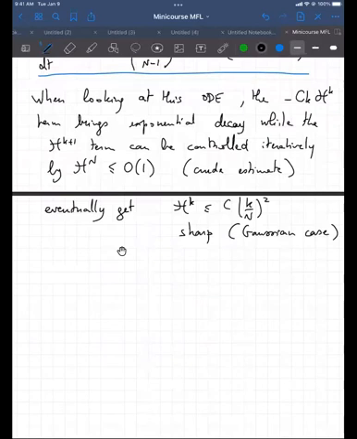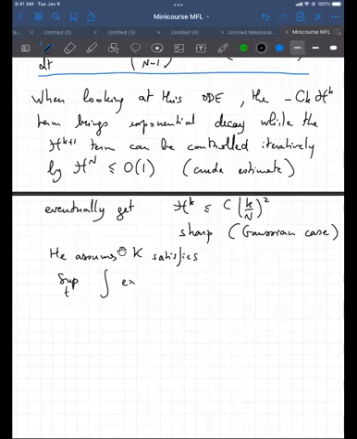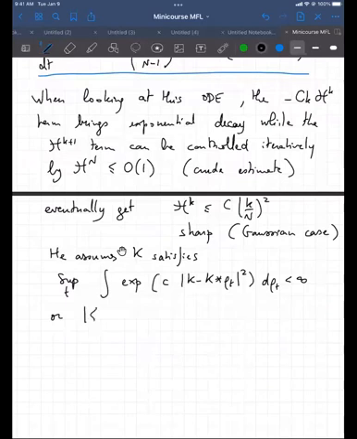So he assumes, he asks for K something like this, the sup over t of the integral of exponential of c |K| where the law is rho t, squared, is finite, or he asks for this and he says that this one implies this one.